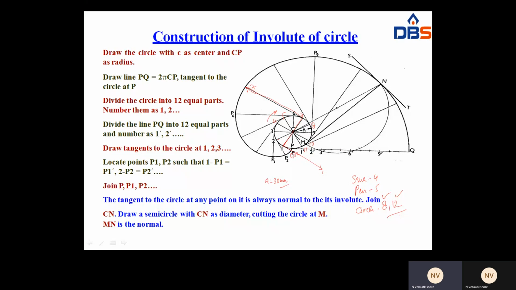Then 2 as a center, P1 is the point we just got. So with 2 as a center, 2P1 as a distance, draw the arc, and that is called P2. Then 3 as a center, the previous one P2, 3P2.